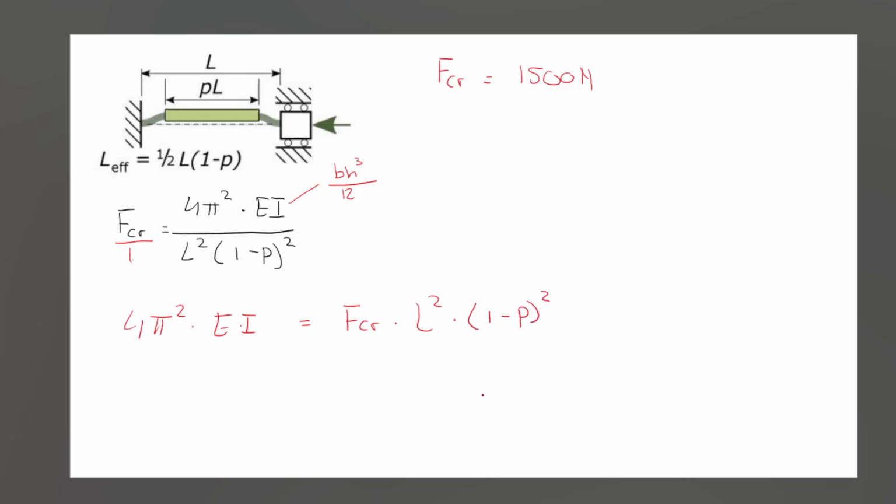Alright, well, we want to know this one, so we're going to divide this term over the critical force times L squared, so we can take all of this away.